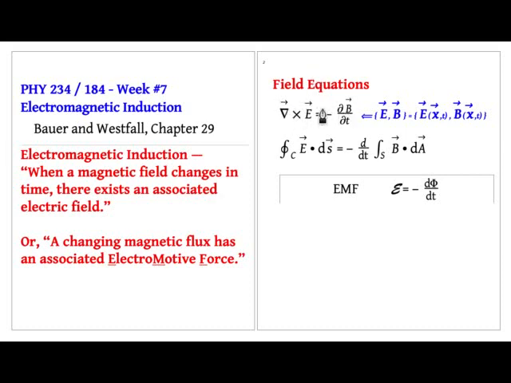You see, this is an equation in which the fields, E for the electric field and B for the magnetic field, depend on both position and time. So the left-hand side here involves spatial derivatives of the electric field, and that's related to time derivatives of the magnetic field.